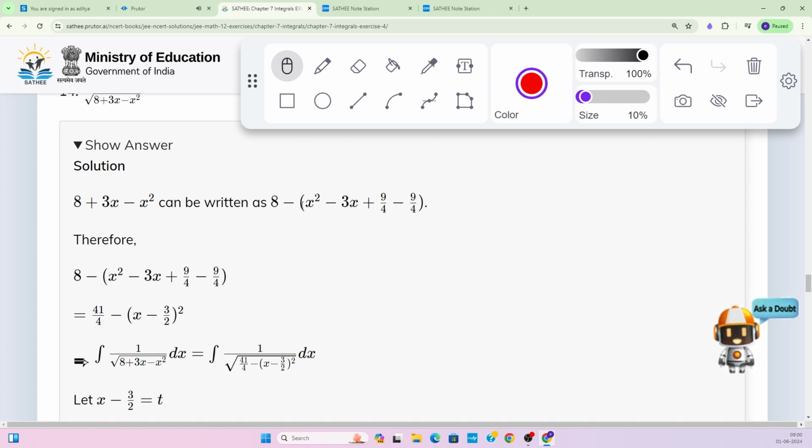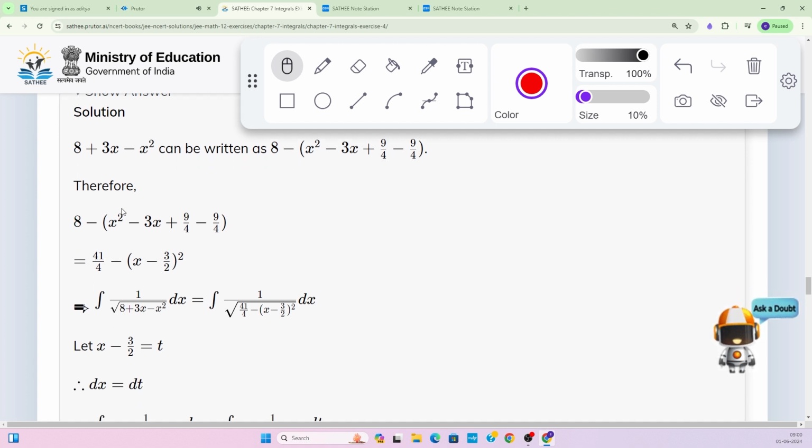This can be rewritten as x minus 3 by 2 whole square inside, and the minus times minus 9 by 4 becomes plus, so 8 plus 9 by 4 will be 41 by 4.